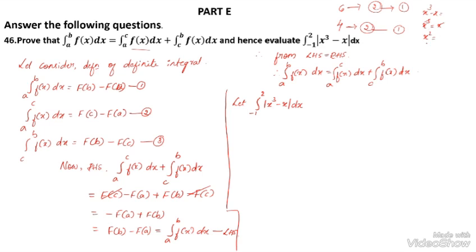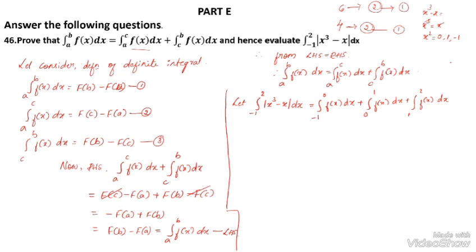So x squared equals 1, so I can take the roots of x, which has two values: 1 and -1. The interval can be split into 3 intervals. That is equal to -1 to 0 f of x dx plus 0 to 1 f of x dx plus 1 to 2 f of x dx.